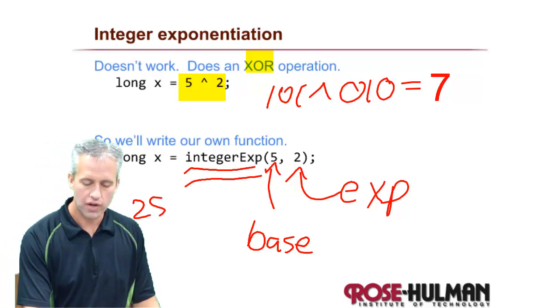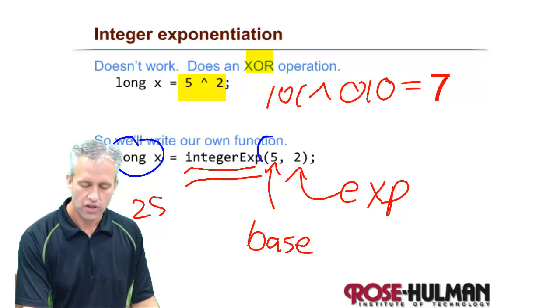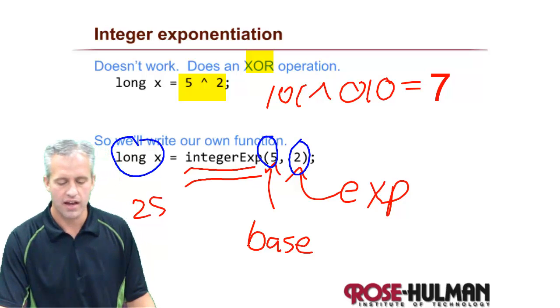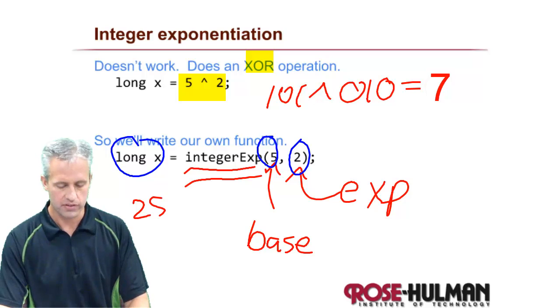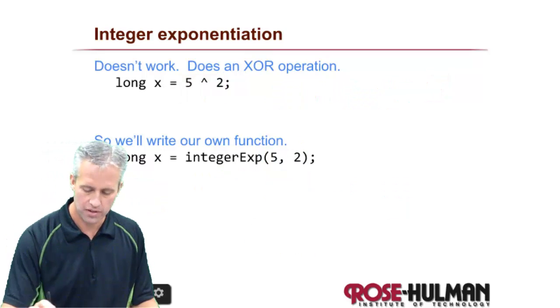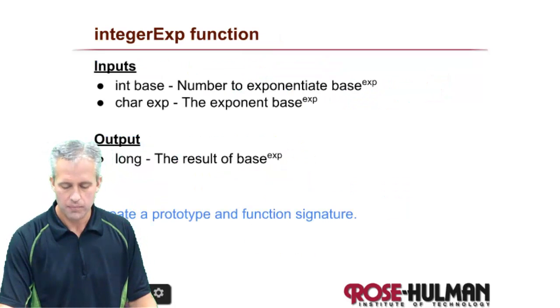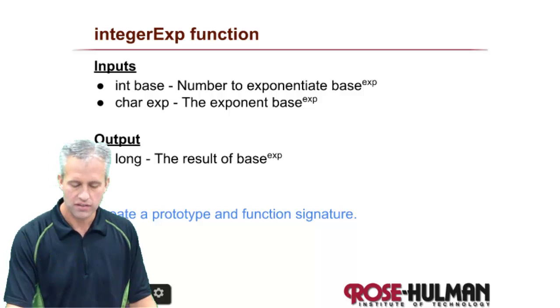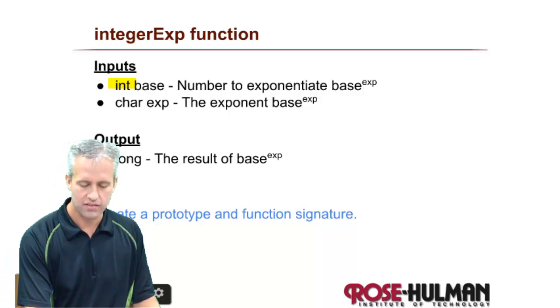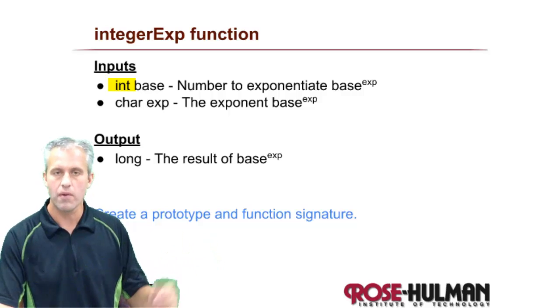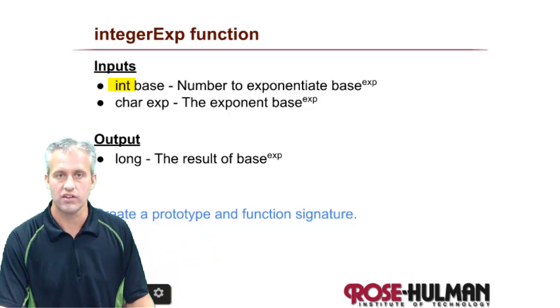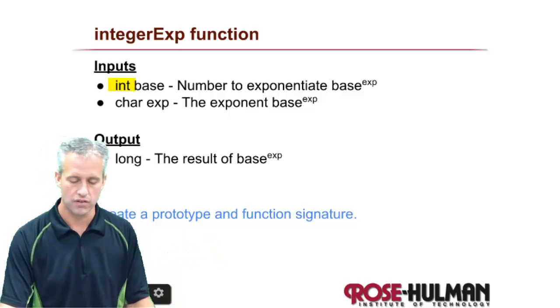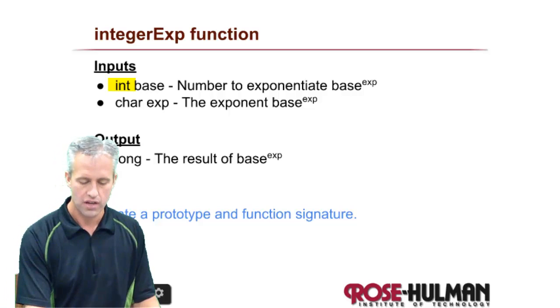What we're going to do is pick a type for what's returned, a type for base, and a type for exp. I've got those listed on the next slide, so I'll just jump to it. And the types are as follows. The base is going to be an int, because we might let you exponentiate a fairly big number, like over 128.